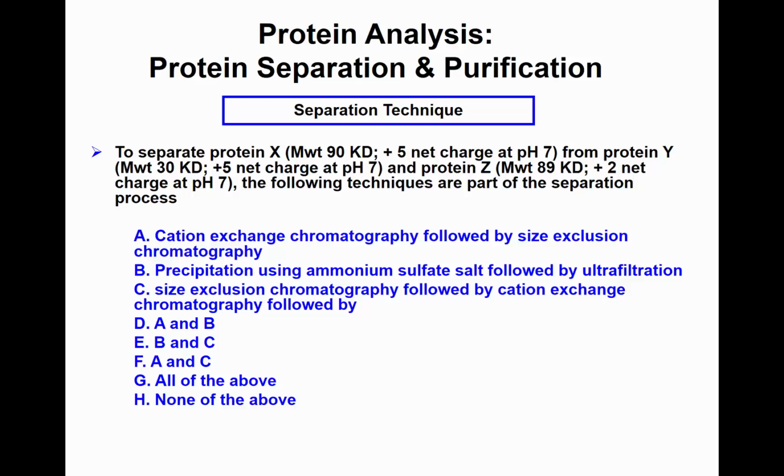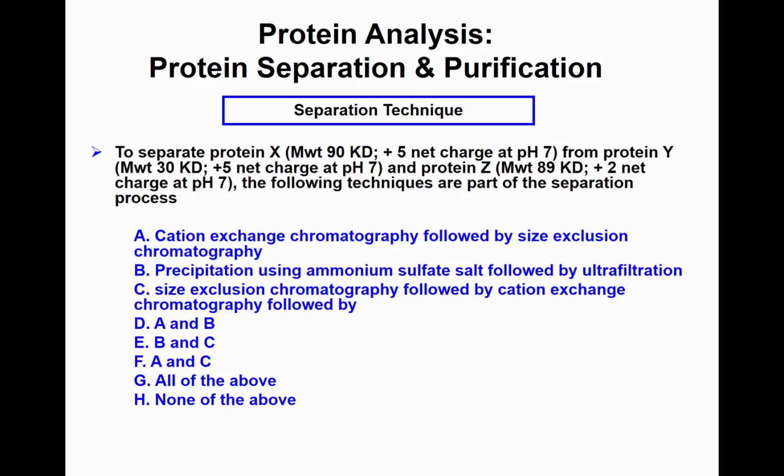They will come out first and the 30 kilodalton will come out next. So you have 30 kilodalton, but then now you have two proteins together that are very close in molecular weight, but they're different in net charge, so I can use cation exchange chromatography and separate them. One is denser in charge than the other. That means it will be retained on the column longer than the other, and therefore you do the separation.